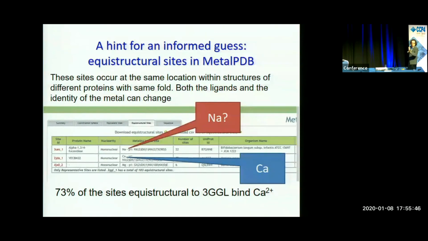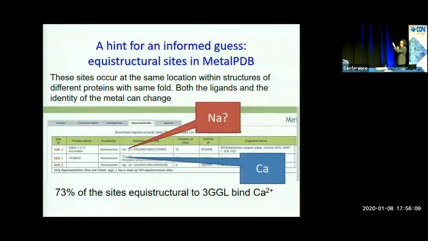But we don't care about which ligands are there, so which amino acids are binding the metal, and we don't care about the identity of the metal. So it's just a way to look at which sites are present in a given fold family. And we call them equistructural sites in our jargon.